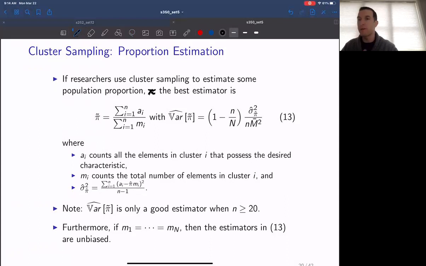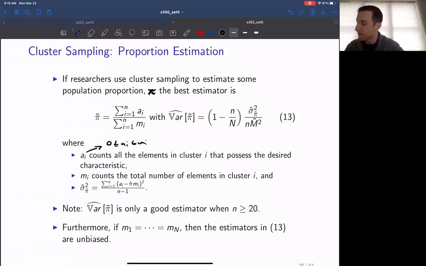So the ai is effectively going to be some value that would have minimum 0, maximum mi, right? The ai here would be between 0 and mi, because the ai is effectively like a binomial random variable. It sums the number of ones for every single element in the population.